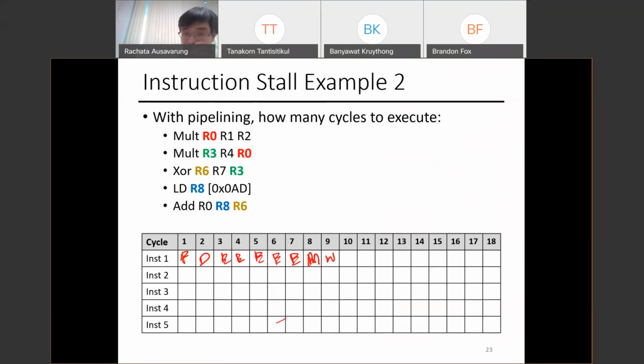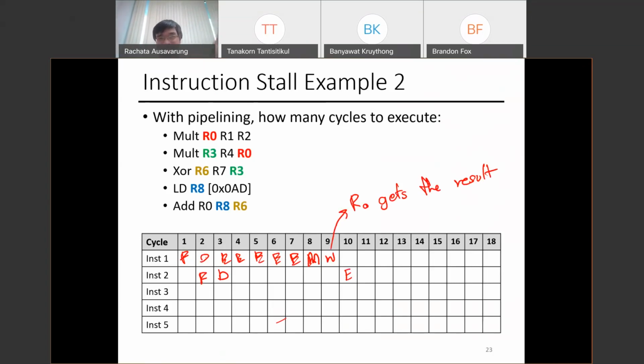Instruction 2, when can I fetch? At cycle 2, right? The same thing. Fetch, decode. When can I execute instruction 2? Yes, because this is when R0 gets the results. That's after cycle 9.